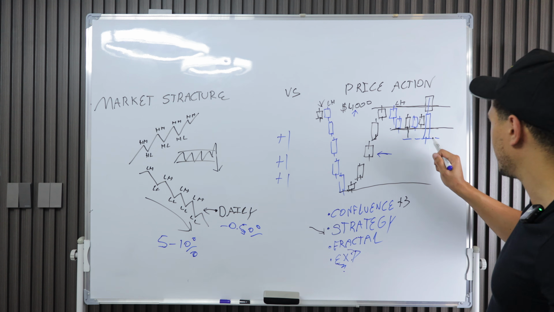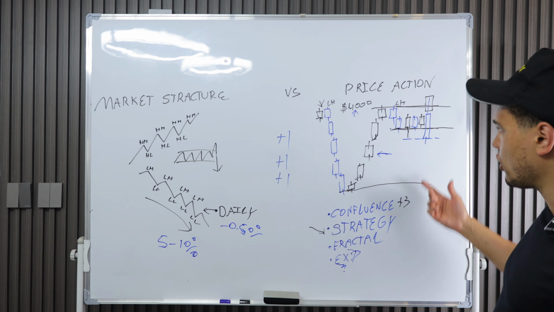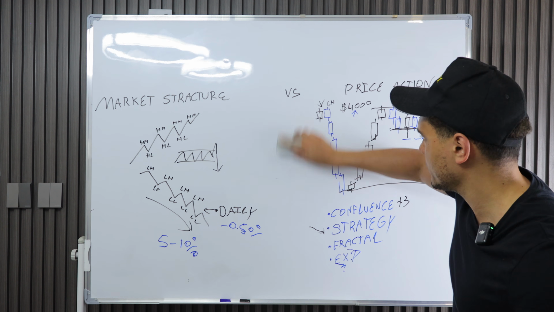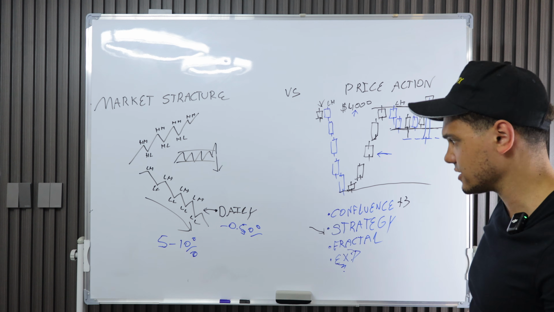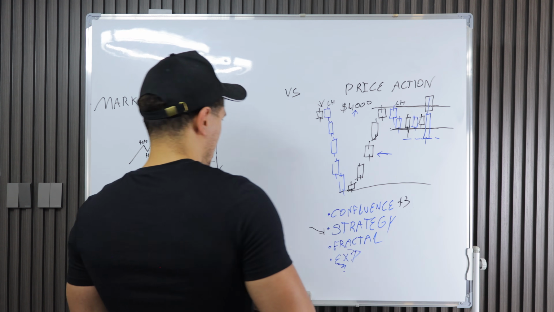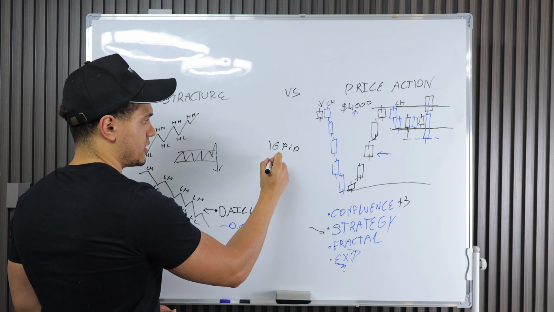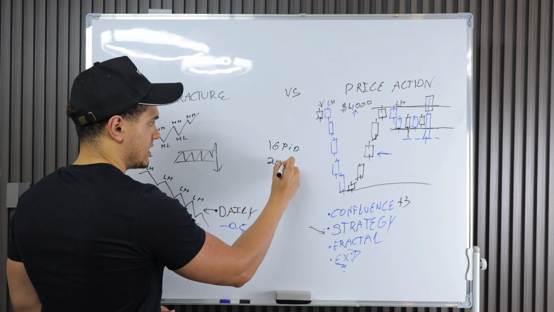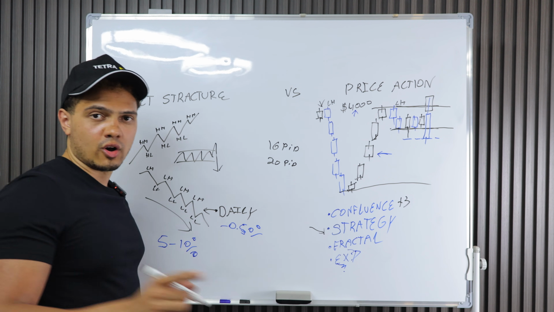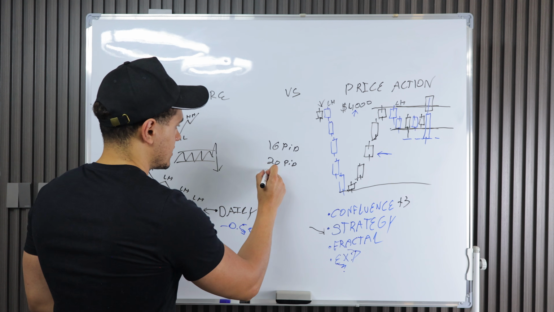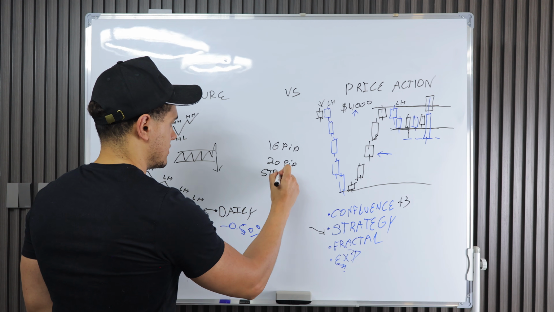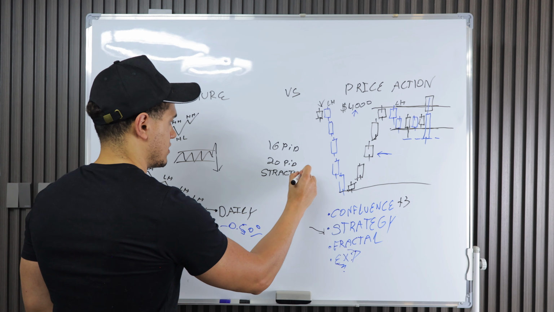So right over here, as we're breaking these lows, we have a few options for where we can put our stop loss. We can go with a 16 pip stop loss. We can go with a 20 pip stop loss if we want to be a bit safe, or we can just use structure.